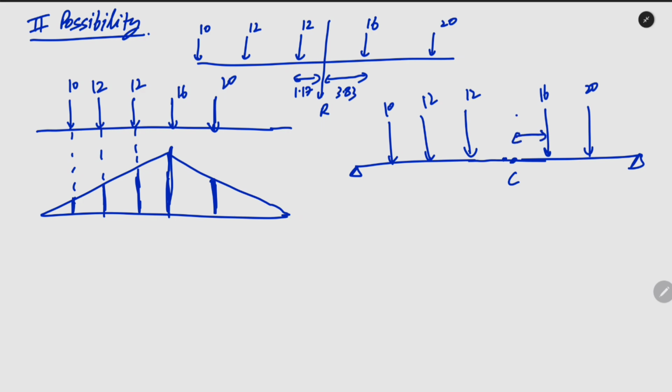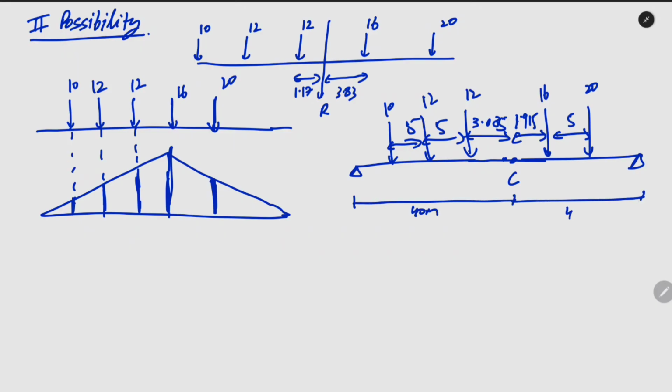Now this distance is 1.915 and this will be 3.085, this is 5 and this will be 5 and this will be 5. So now this is 40 meter and this is 40 meter.